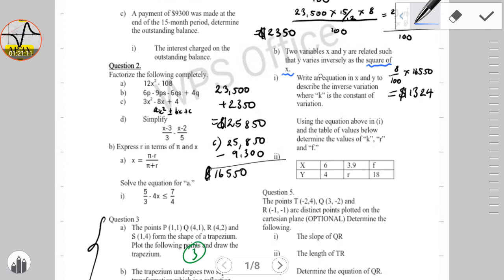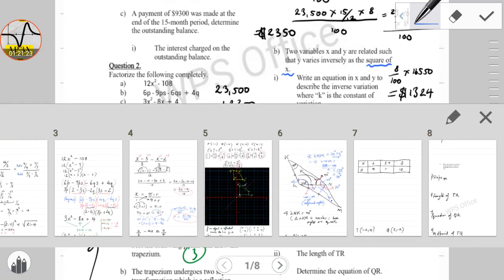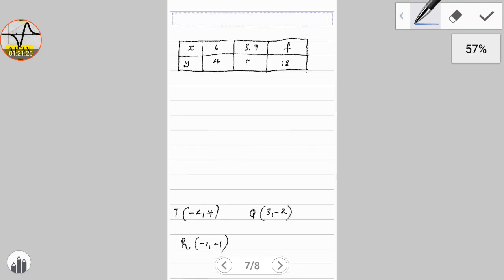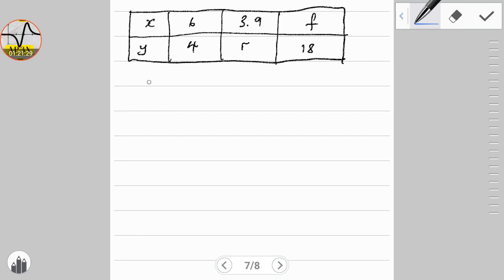It says here, part 1, write an equation in x and y to describe the inverse variation where k is the constant of proportion. Now naturally, in order for us to answer this question, we need a variation formula. Now the general formula for inverse variation is that y is equal to k divided by x.